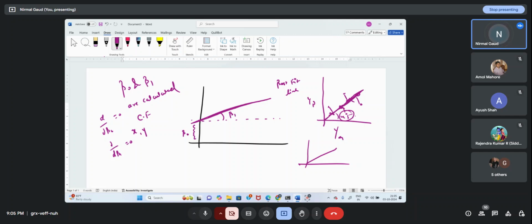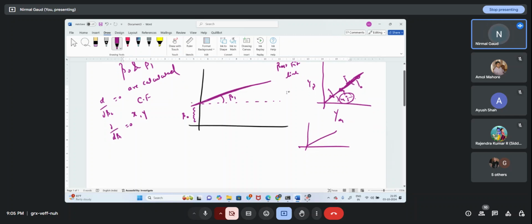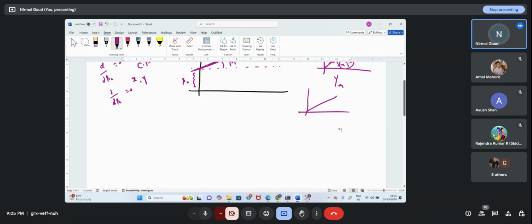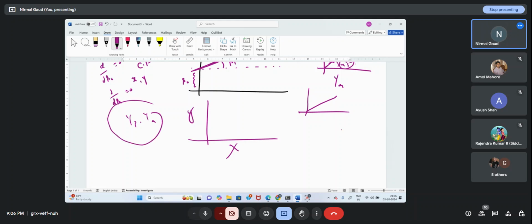Fine. Also, I just want to say, prediction YP and YA. Aren't we making a line between X and Y? Because we are expecting the relationship between X and Y to be linear. Why did I put YP and YA here?